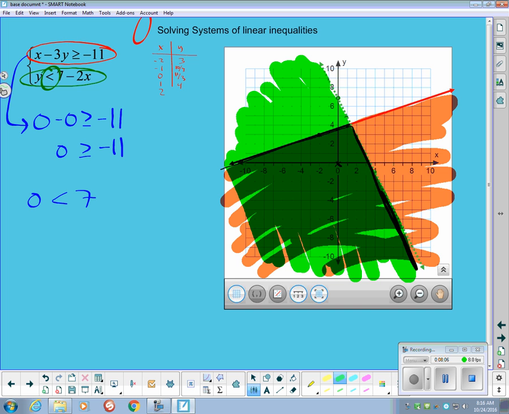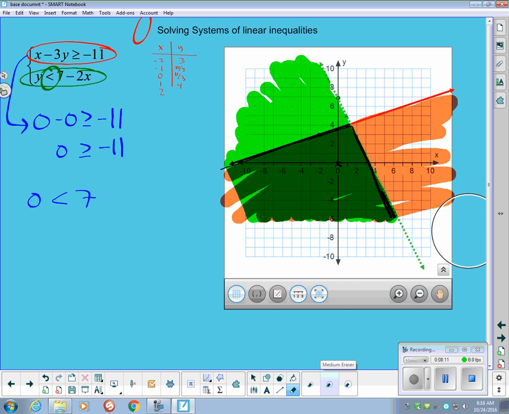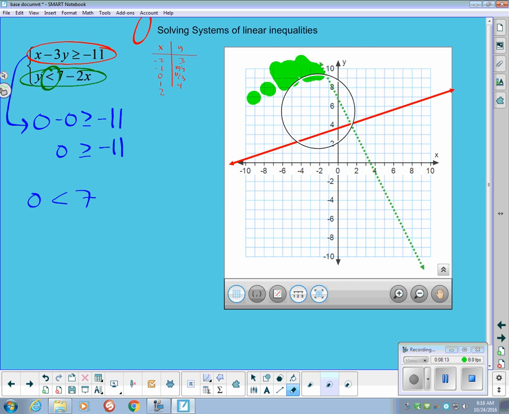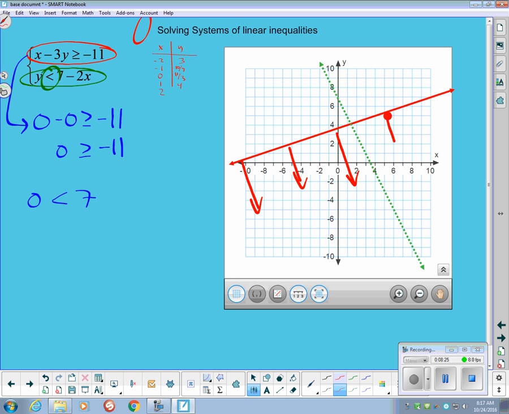Now, I could have done that a little bit differently. I'm going to erase this here, and if I were working definitely with a pen, heaven forbid, then I would probably make some indication that this was supposed to be shaded this way, and then when I found my other one, that the green one is supposed to be shaded this way, and I could already see where my overlaps are going to be, so I wouldn't necessarily need to put anything up there.